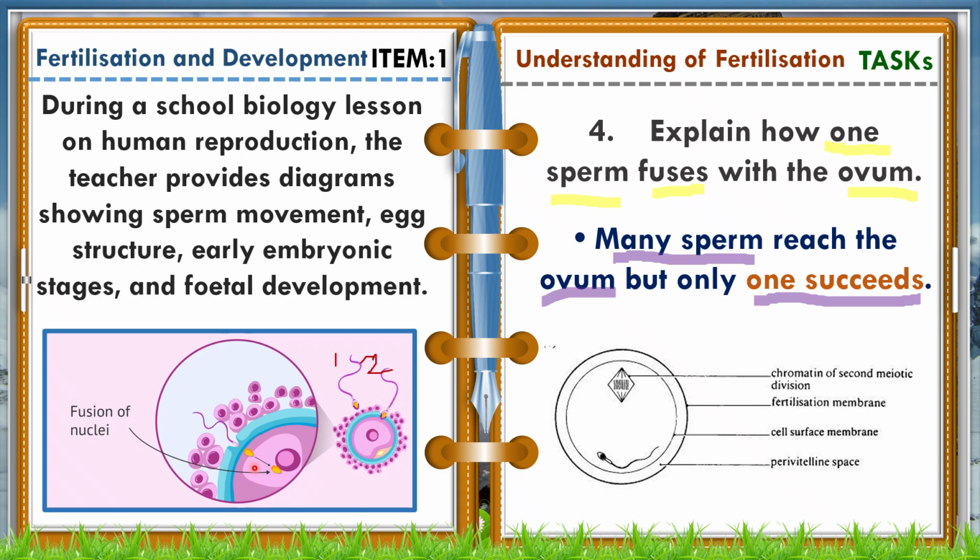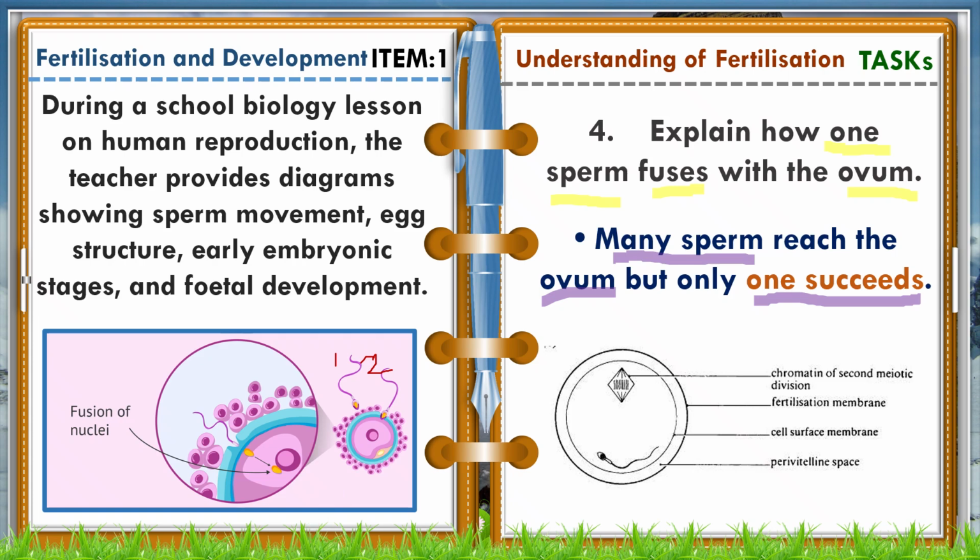And when it enters, its nucleus now will go and fuse with the nucleus of the ovum. So it is only one which is going to be allowed to enter. The first one to come and touch the zona pellucida is the one which is going to pass through.